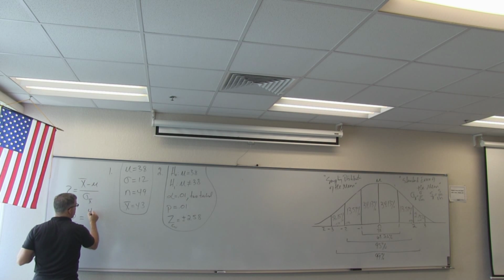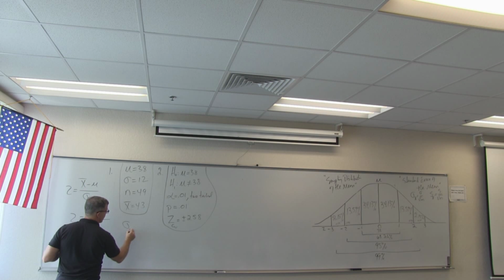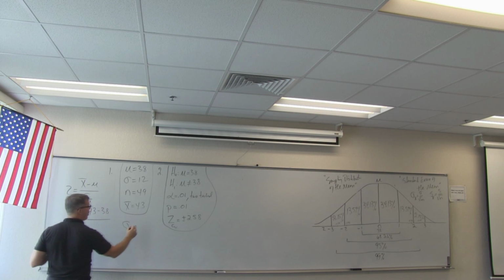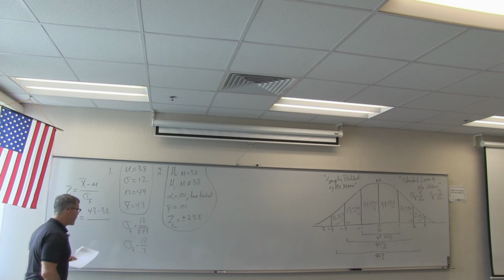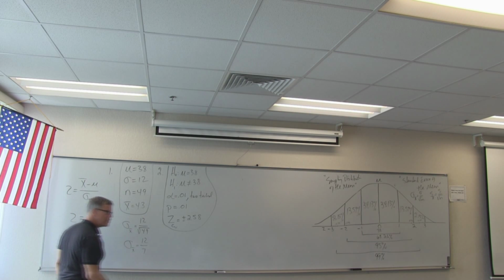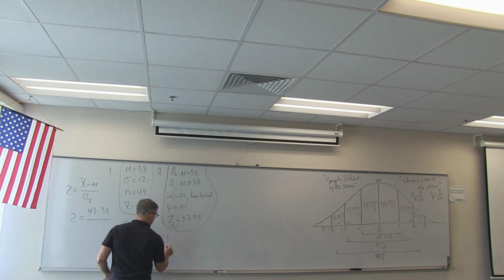X bar 43 minus mu 38 divided by the standard error of the mean, sigma 12 over the square root of 49. That's 12 over 7. In this case, one z unit is going to equal 1.71.